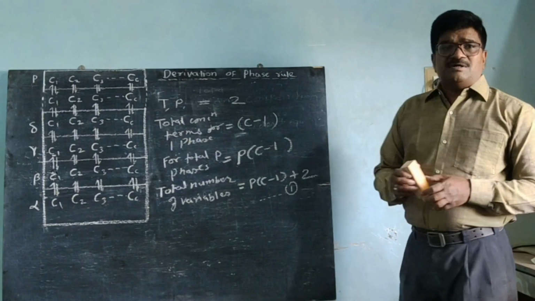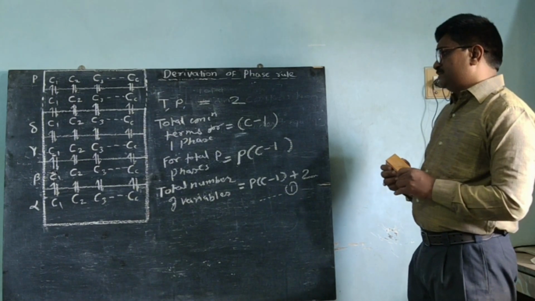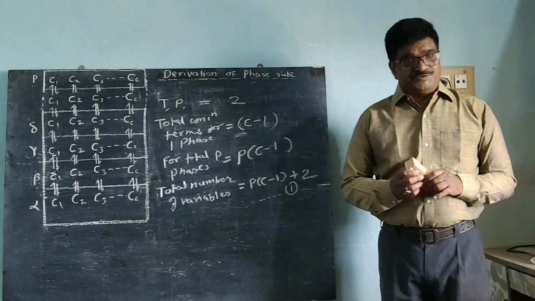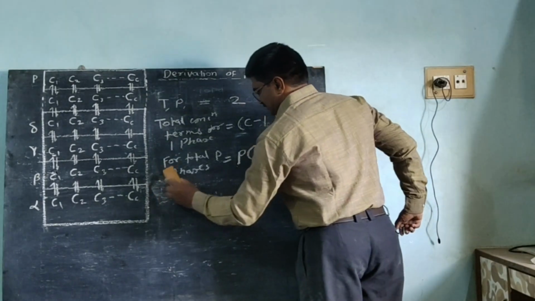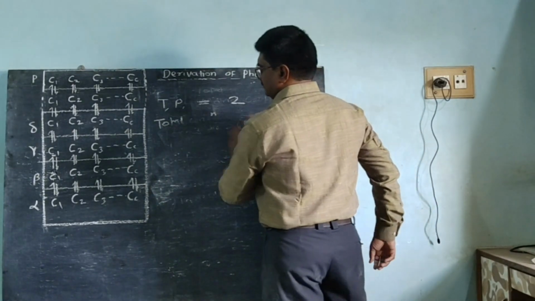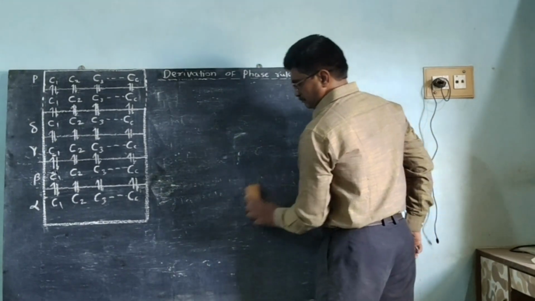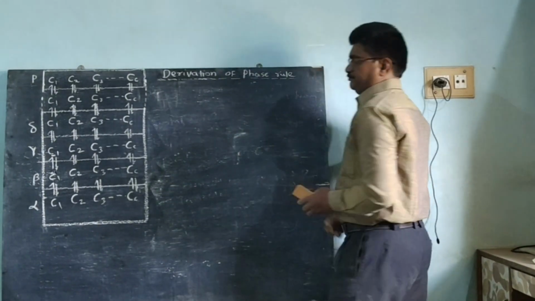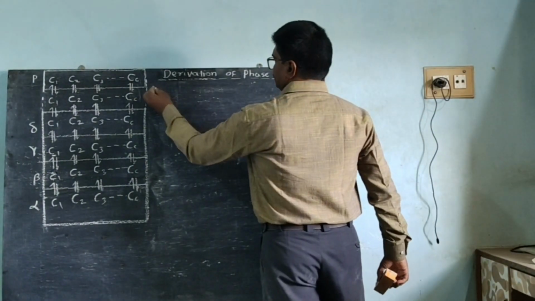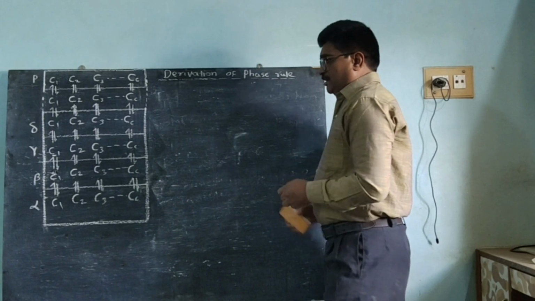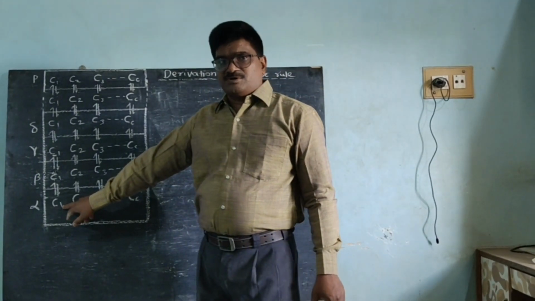Now let us calculate the total number of independent equations. Let us concentrate on the C1 component, the first component.